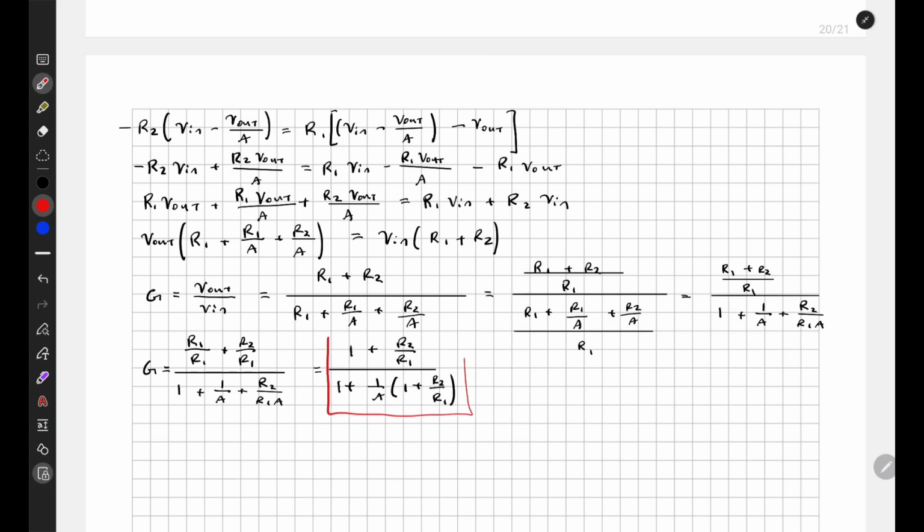This is the gain equation that the textbook writes it as. So this is the non-inverting configuration with the finite a.